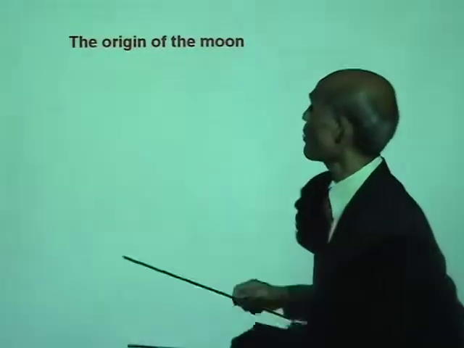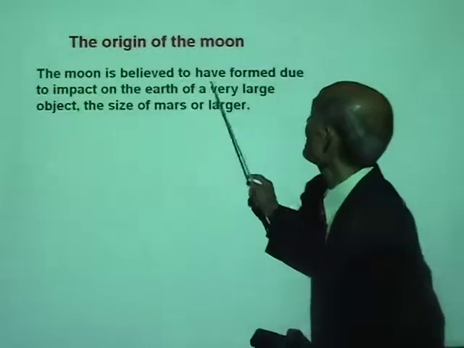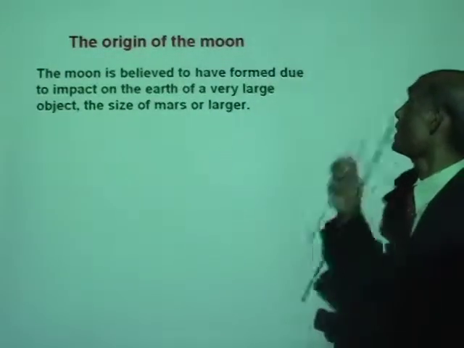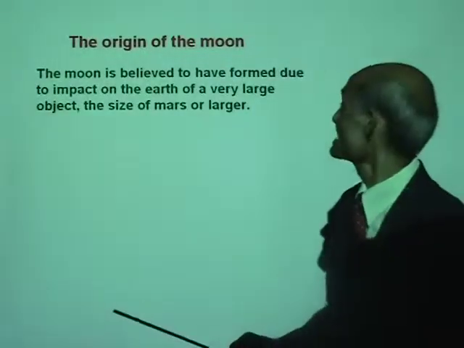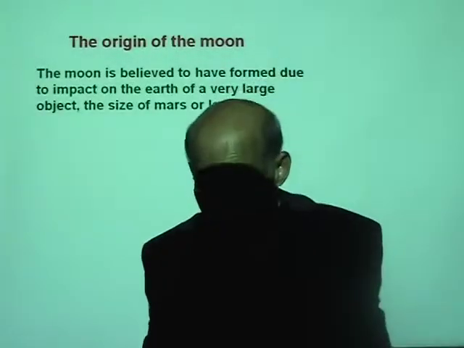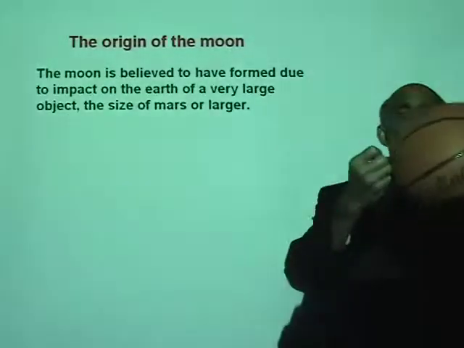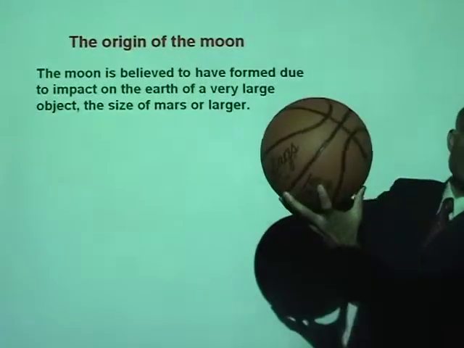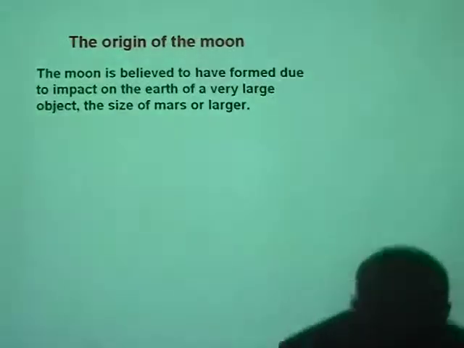Now, how did the moon originate? Let's briefly discuss that. The moon is believed to have formed due to the impact on the earth of a very large object, the size of Mars or larger. You see, during the time when Earth was taking shape, a very large object came and hit the Earth, breaking part of it and vaporizing it.